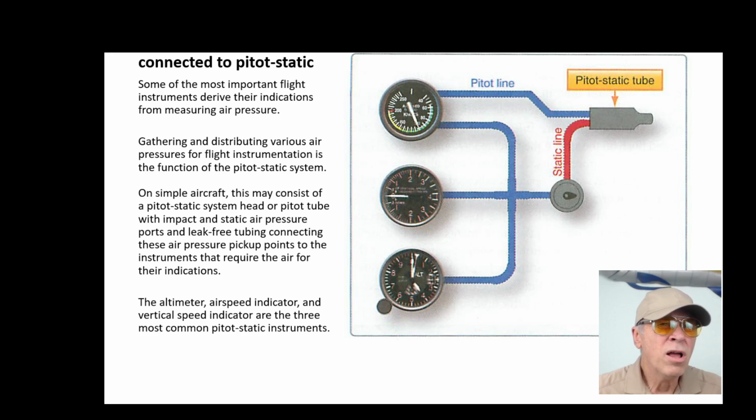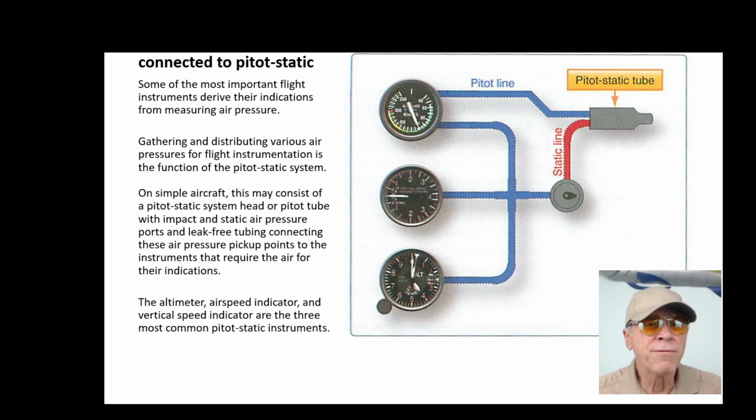Some of the more important flight instruments derive their indications from measuring air pressure. Gathering and distributing various air pressures for flight instrumentation is the function of the pitot system.